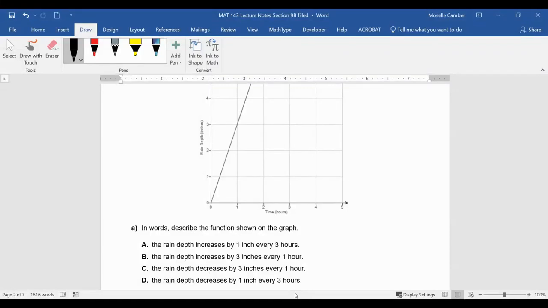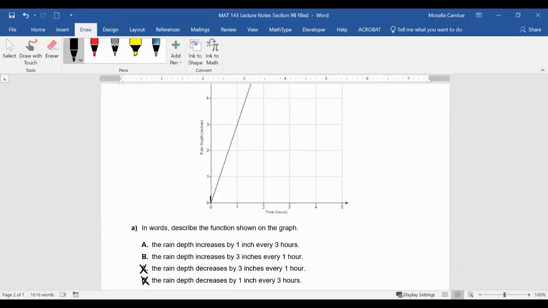Okay, so reading left to right, we see that the graph is increasing, which means the rain depth isn't decreasing. So we need to know how much it increases for every length of time. When we're looking at rain depth as our y, we want to see how far up it goes for each step. The first one increases by 1 inch every 3 hours.